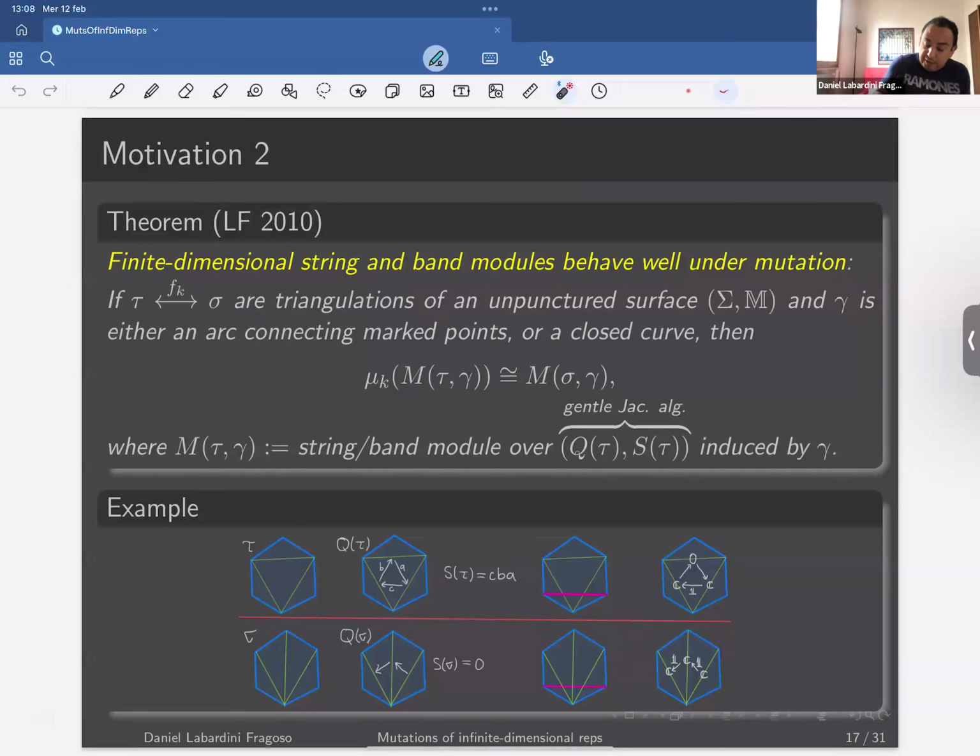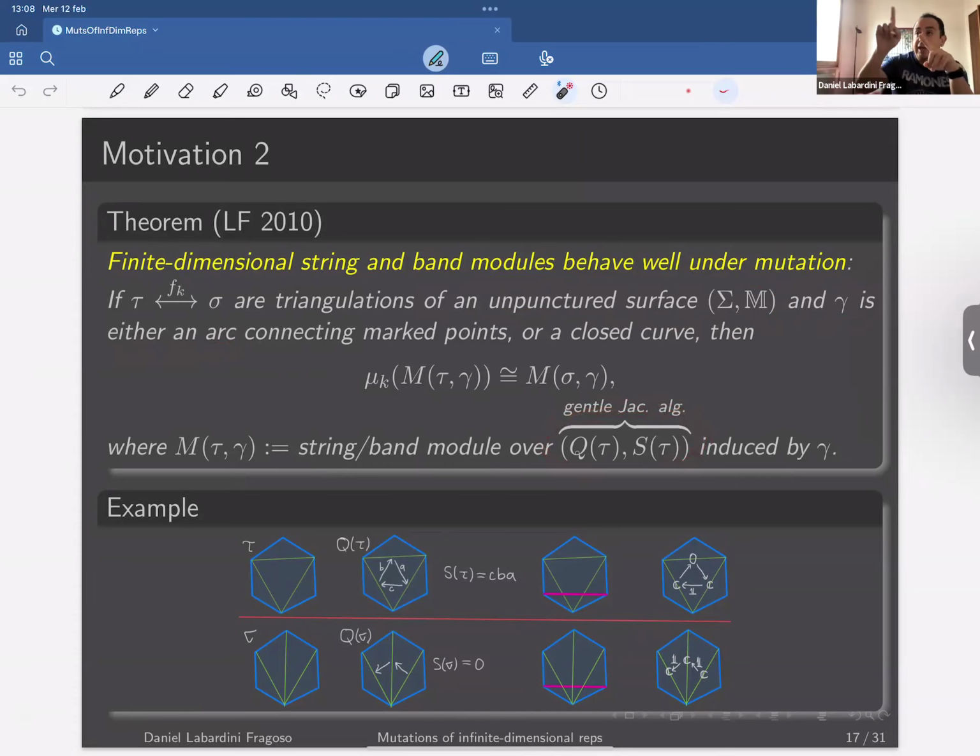Another one is that if you take an unpunctured surface and an arc in that unpunctured surface, then given any triangulation of the surface, the Jacobian algebra is gentle.